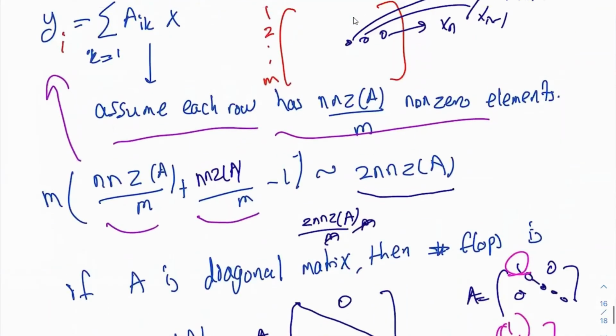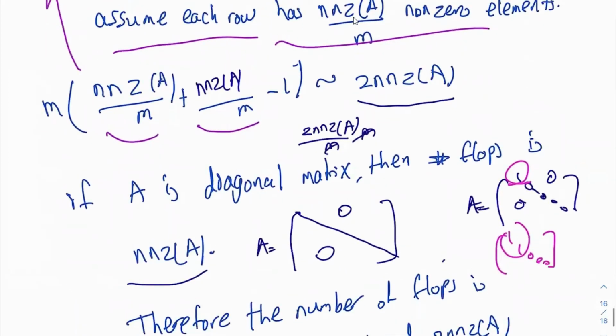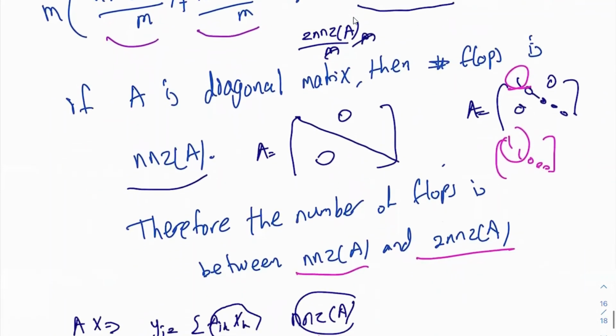So you first consider a general case where you have nnz of A, the number of non-zero elements, for a general matrix, right? And you have m rows. Without loss of generality, assume we have nnz of A divided by m non-zero elements per row, and then you calculate this matrix-vector operation.